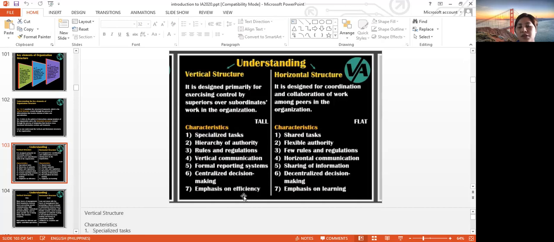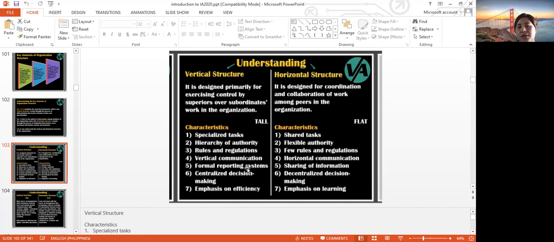Emphasis on efficiency. By the way, if I ask you what the difference is between being efficient and being effective, what is your idea about that? Okay, efficiency means that you were able to accomplish the task without wasting resources.